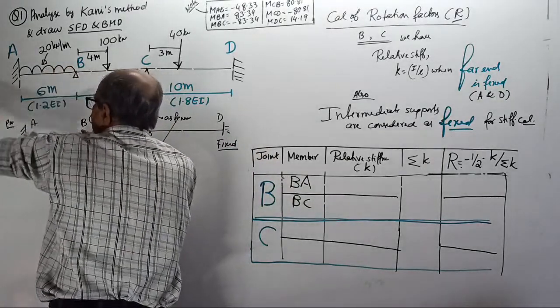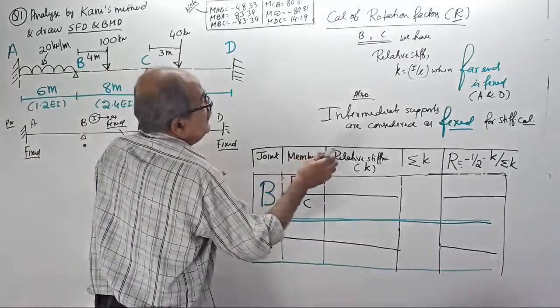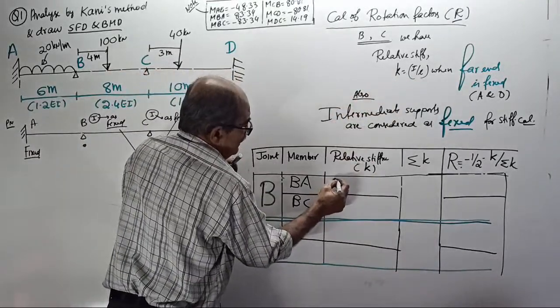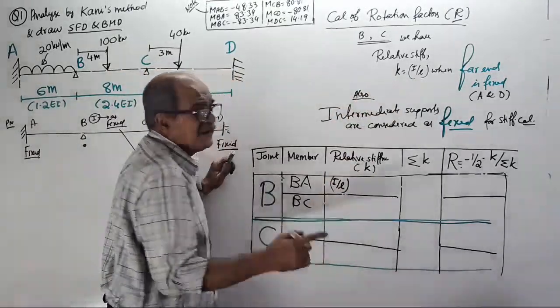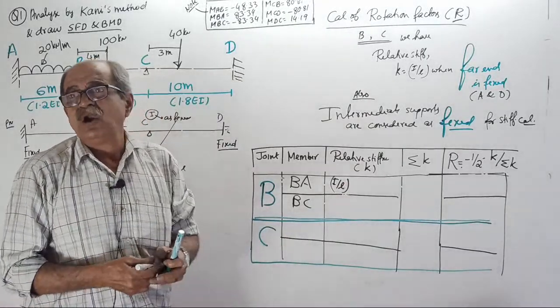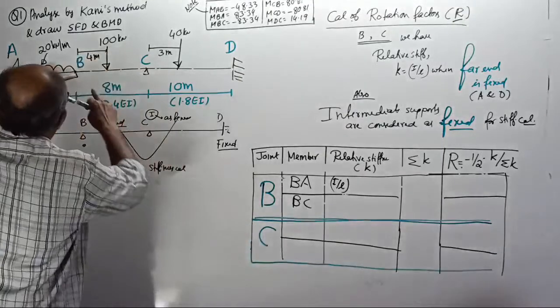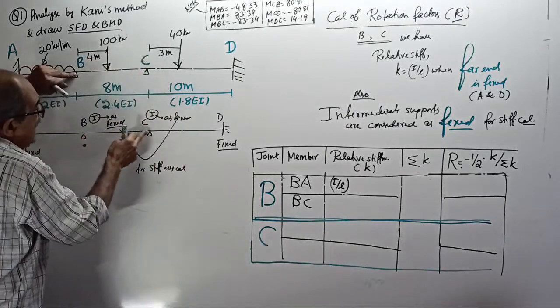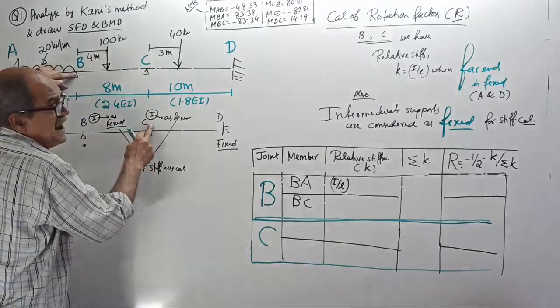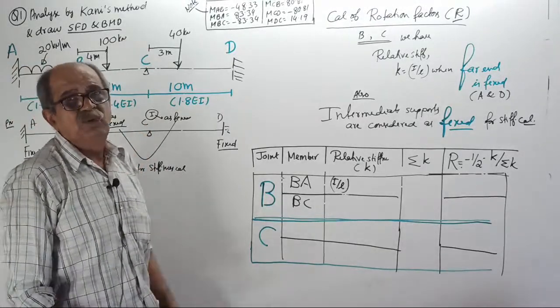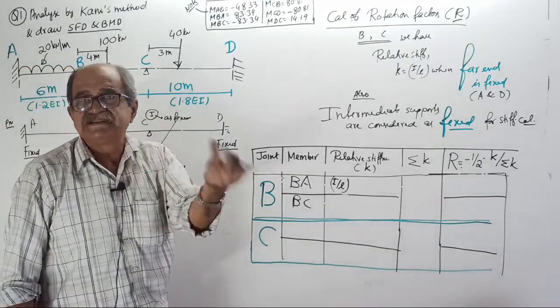BA: far end A is absolutely fixed. Therefore, the formula is I by L. You write the reason if you want. Make a note: far end A is absolutely fixed. Then BC: far end C is an intermediate support. For stiffness calculation, it is taken as fixed.